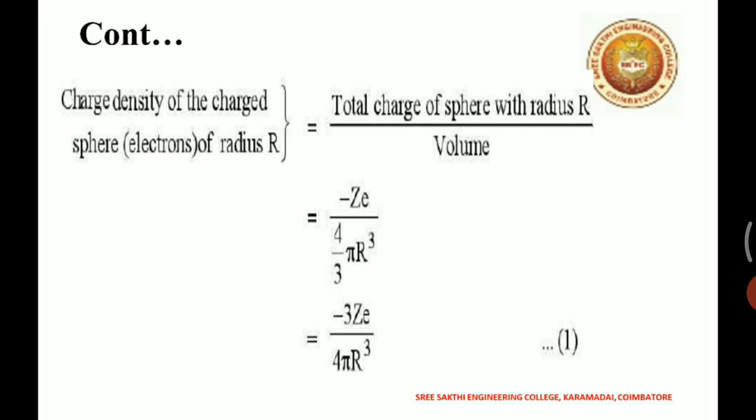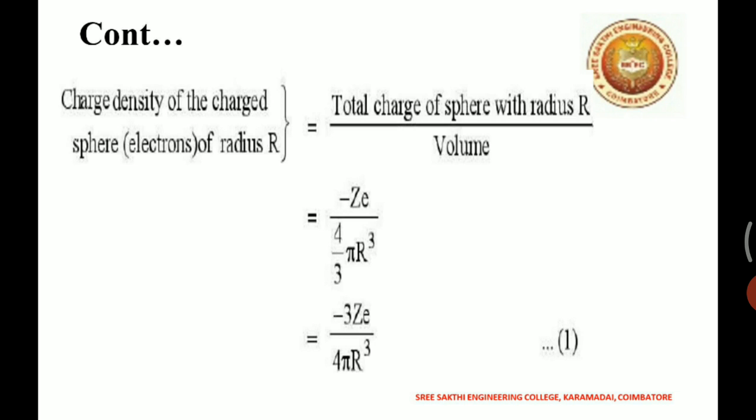So the charge density of this sphere is given by rho is equal to the total charge of the sphere with radius R divided by the volume of the sphere with radius R. So we all know that the volume of the sphere is 4 by 3 pi R cube.